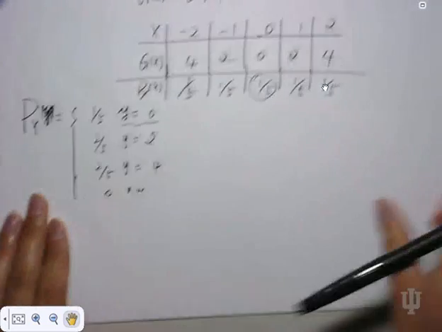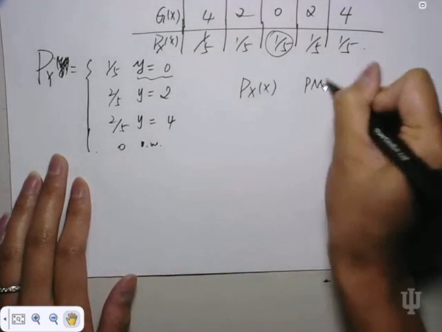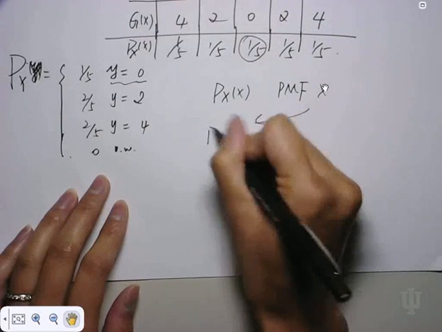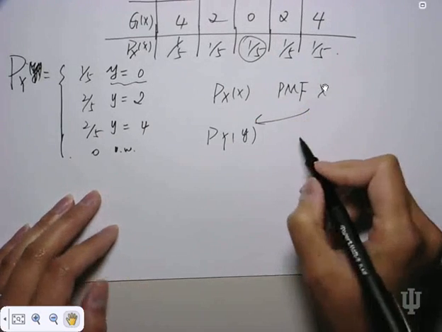Right? So from the PMF, the probability mass function of x can generate the probability mass function of y, right?